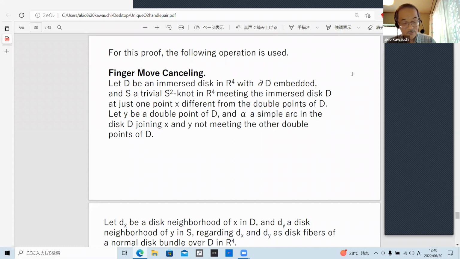Using this two sphere, we get a new immersed disk, but one double point is reduced. Continuing this process, we will get a new embedded disk. It's a finger move canceling.